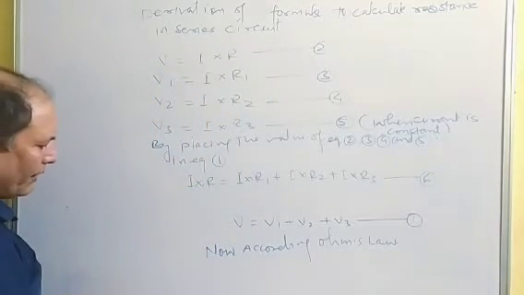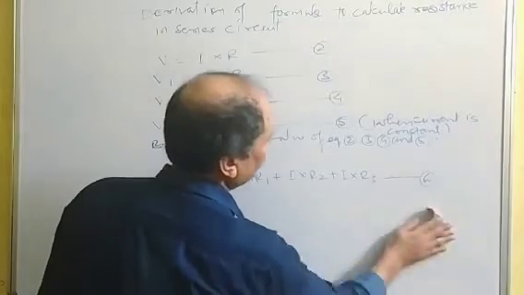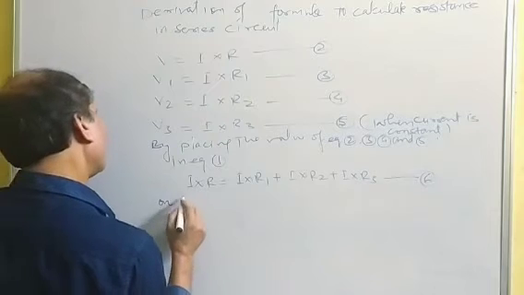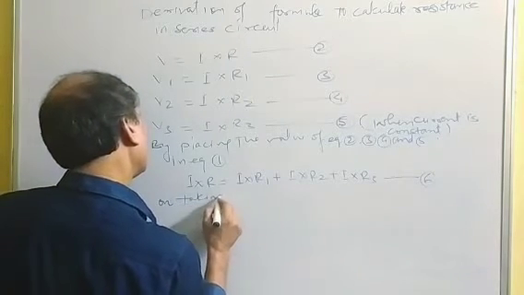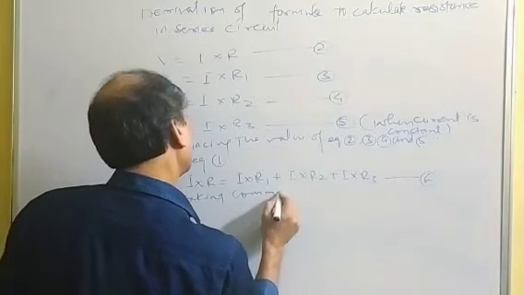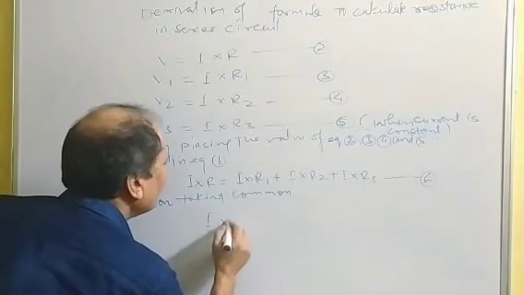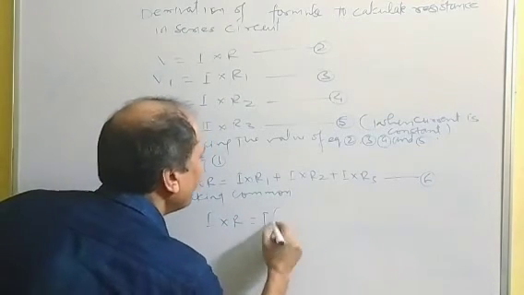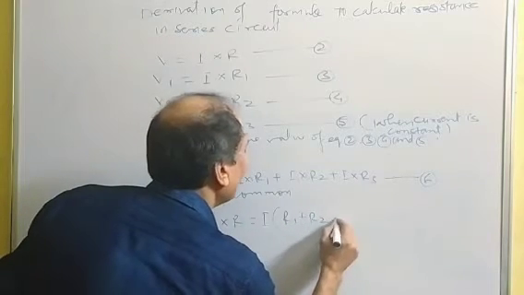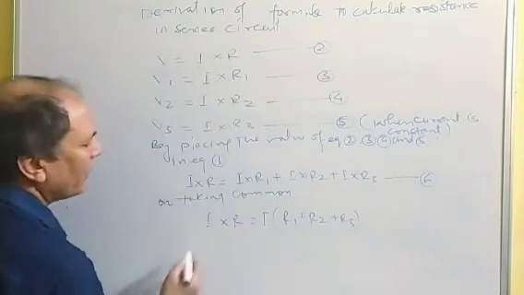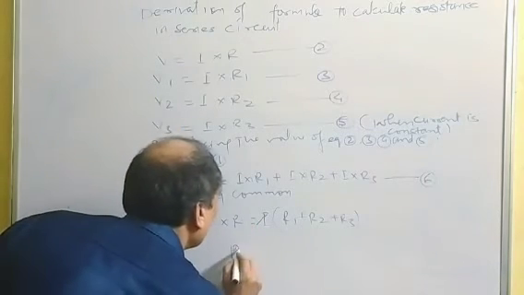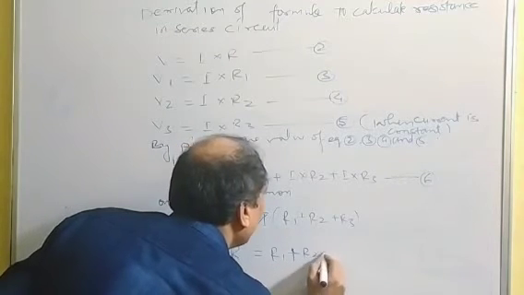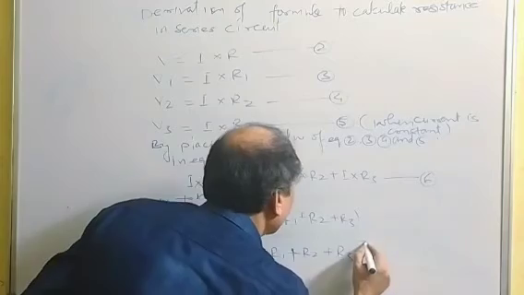Now we can write, taking I common, I into R equals I into R1 plus R2 plus R3. Now I and I cancel. So R equals R1 plus R2 plus R3.